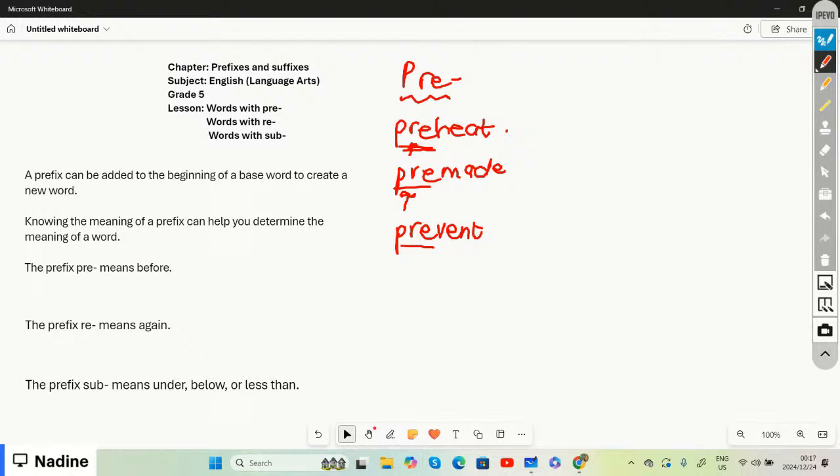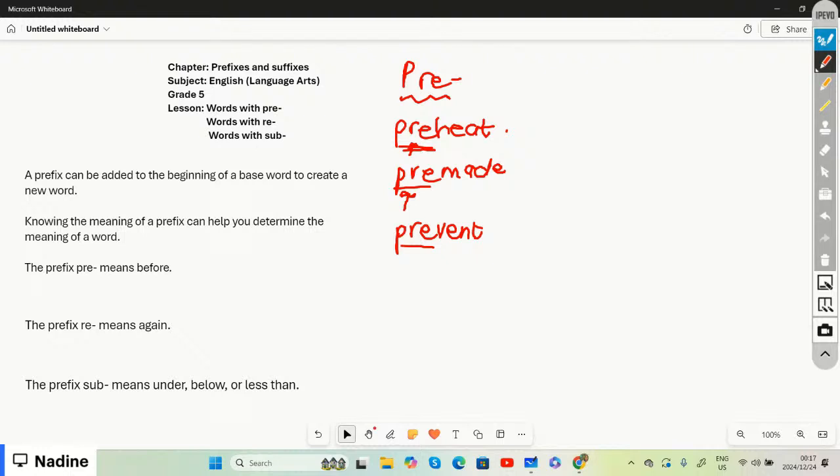And if we were to look at another word with pre, all right.